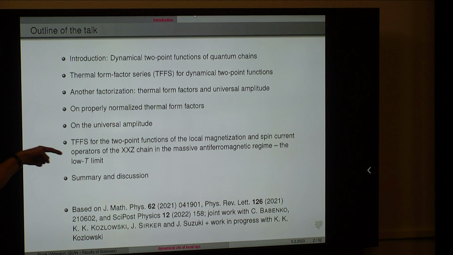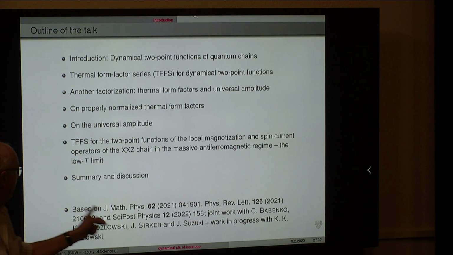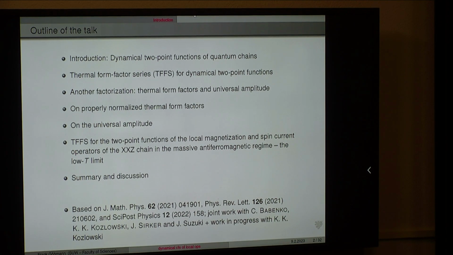The application part and the part on the universal amplitude is already almost 2 years old, and this was done in collaboration with Konstantin Babenko, Karol Kozlowski, Jesko Zirka, and Junji Suzuki. And the new things I'll be reporting is work in progress with Karol Kozlowski.